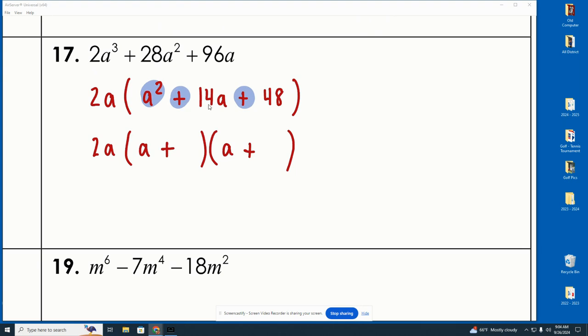So what does that? What multiplies to get 48 and combines to get 14? 6 and 8. 6 times 8 is 48. 6 plus 8 is 14. So it doesn't matter where I put them. So my 3 factors are 2a, a plus 6, and a plus 8.